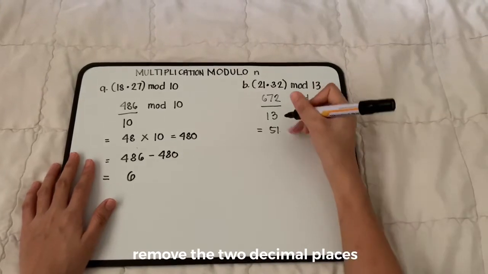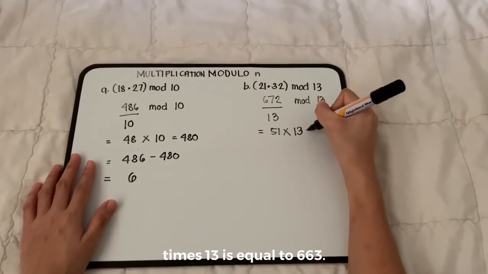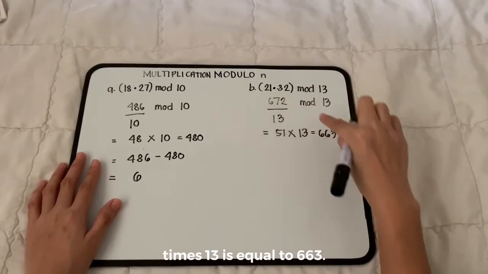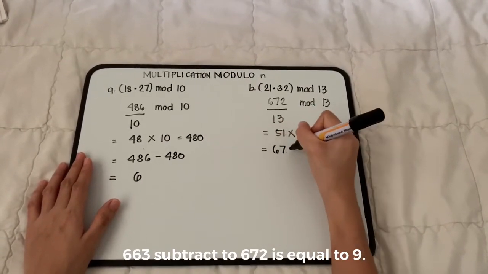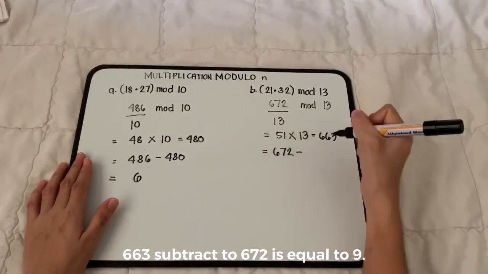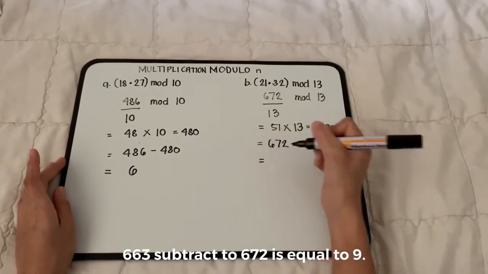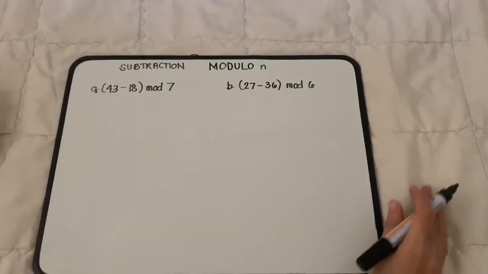Remove the two decimal places, 51 times 13 is equal to 663. 663 subtract from 672 is equal to 9.